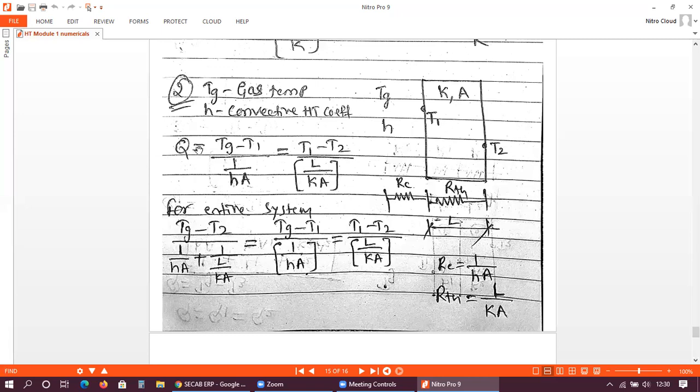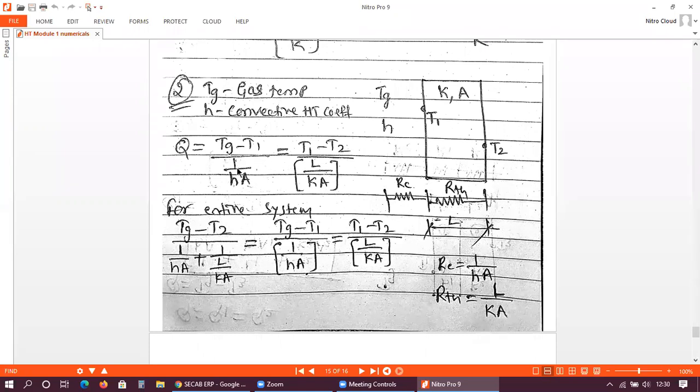The rate of heat transfer through the convective medium is equal to the rate of heat transfer in the conduction medium. Heat transfer now takes place through the wall, and from Fourier's law of conduction we get T1 minus T2 divided by L by KA, right?